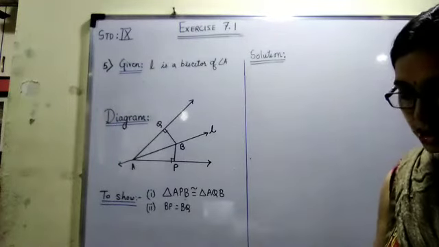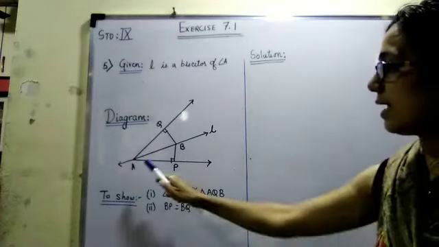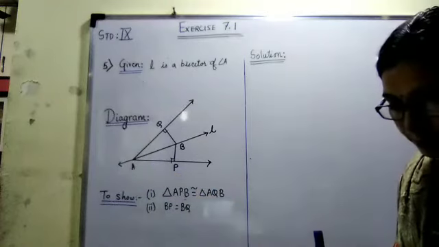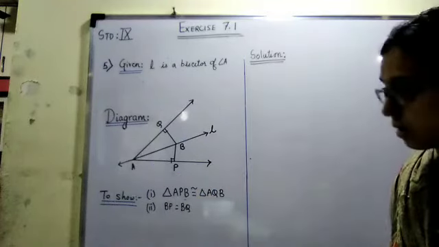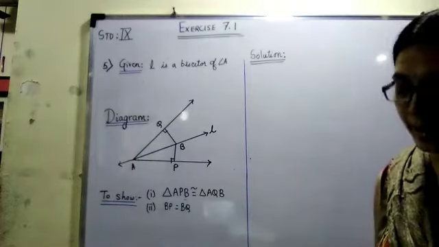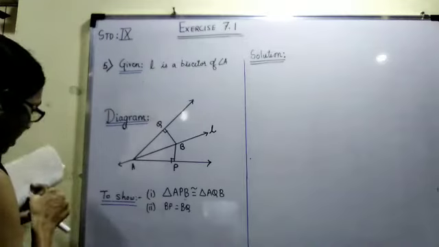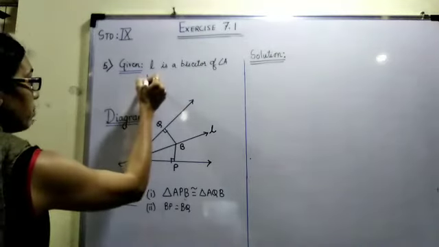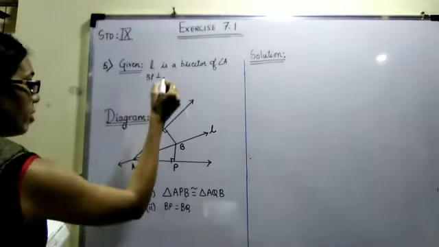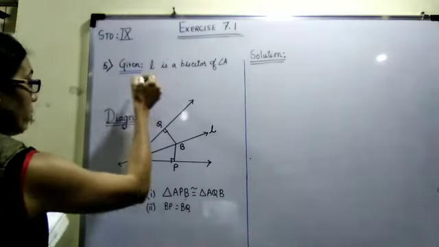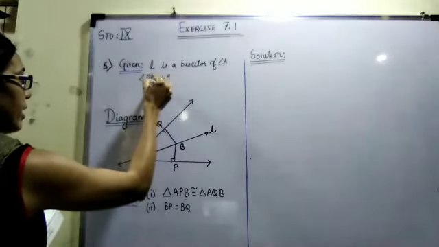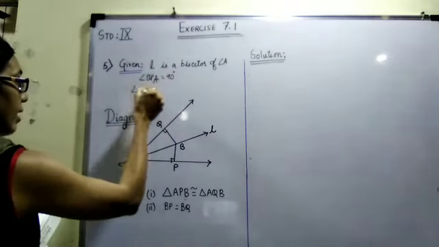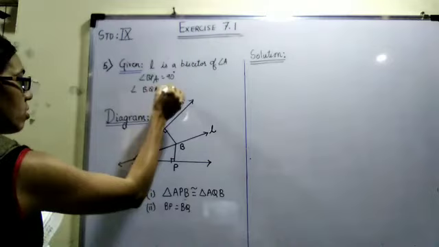Now, let us discuss question number 5. Line L is the bisector of angle A and B is any point on line L. BP and BQ are perpendicular drawings. So, here I can write down that angle BPQ is equal to BPA is equal to 90 and angle BQA is also equal to 90.